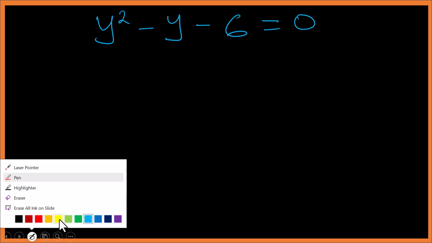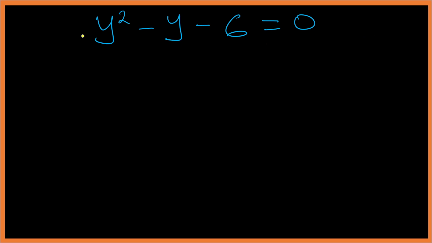So y squared minus y minus 6 equals 0. Alright, so this one is a quadratic, so the coefficient here times this minus 6. Because the middle term is minus 1, it will be minus 3 and 2.